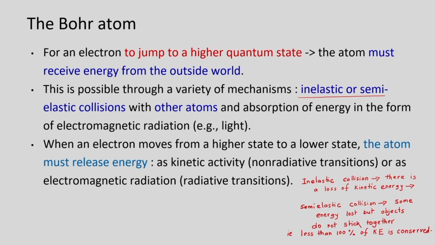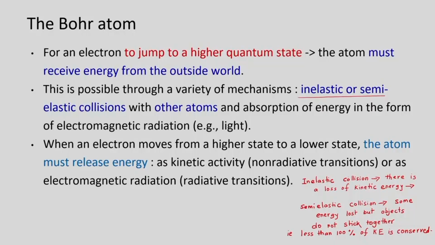It can be a kinetic activity, a non-radiative transition, or an electromagnetic radiation, a radiative transition. Either of these phenomena will occur. In laser physics, we generally consider it a radiative transition.